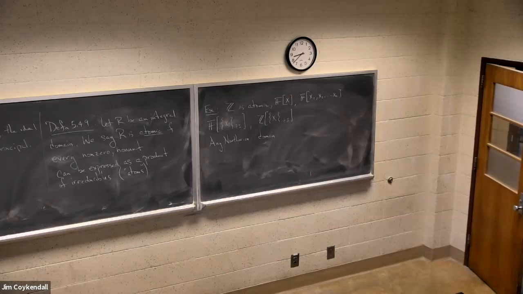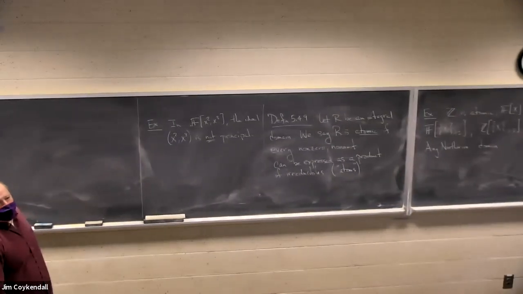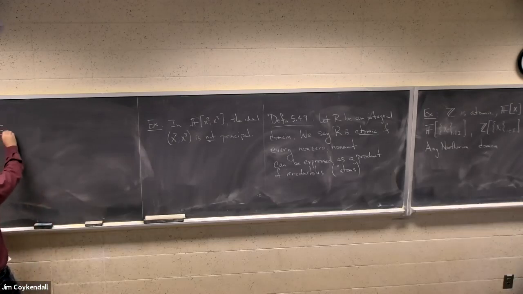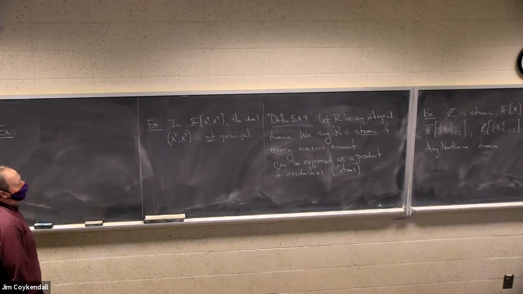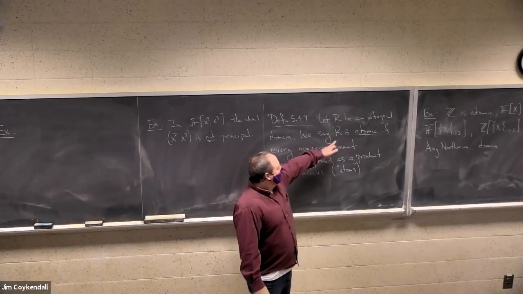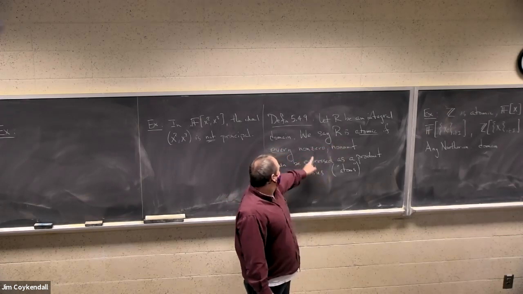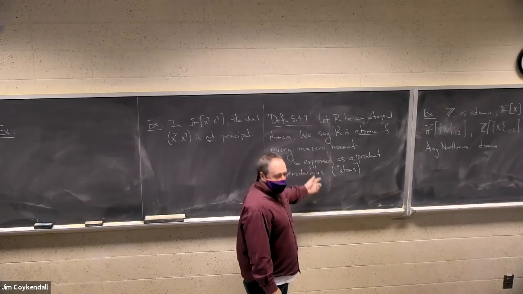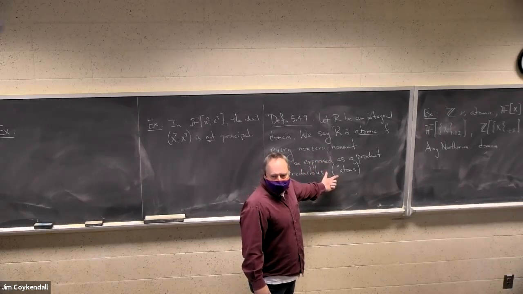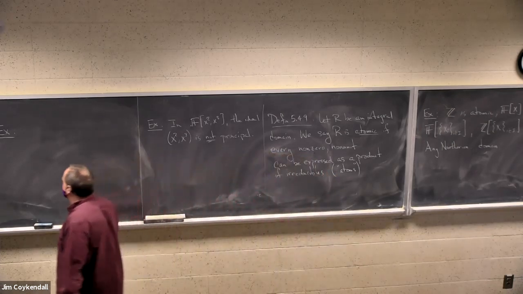And in fact, my second example will be a ring that has no irreducibles at all, and it's not a field. Let me point out that a field is atomic vacuously. Because if you have a field, every non-zero non-unit can be expressed as a product of irreducibles because there are no non-zero non-units. So in a very silly way, a field is atomic.